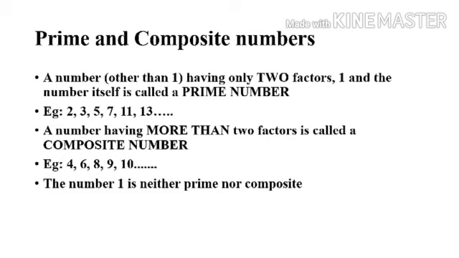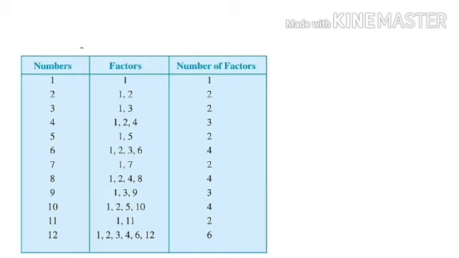Then what about the case of 1? 1 is neither prime nor composite. Now let's move on. Here there is a table in which the numbers 1 to 12 are given and the factors are also given.